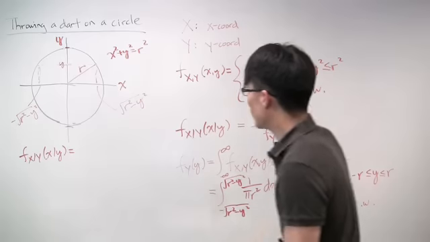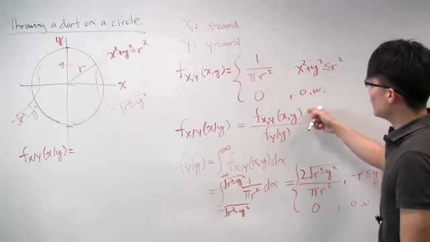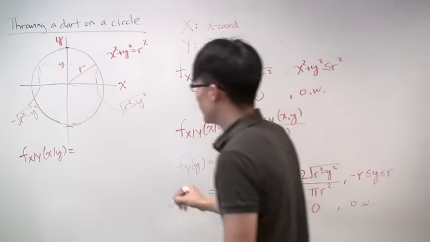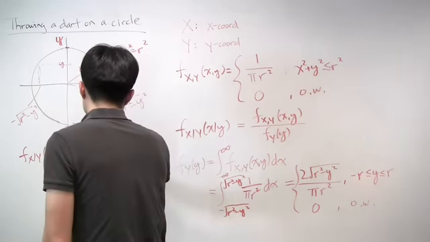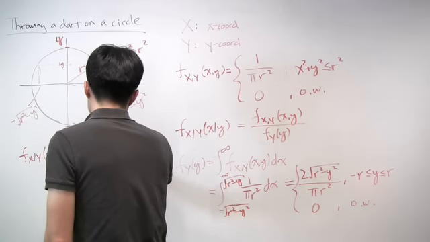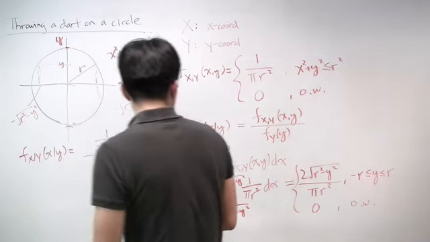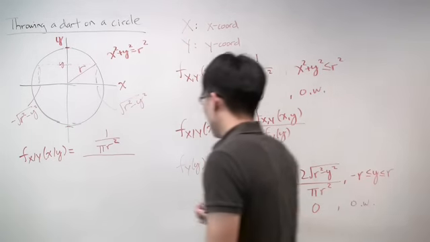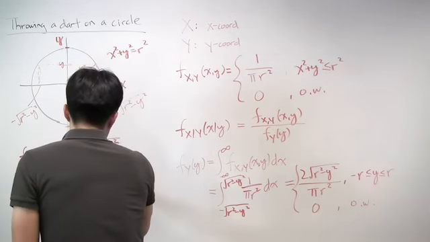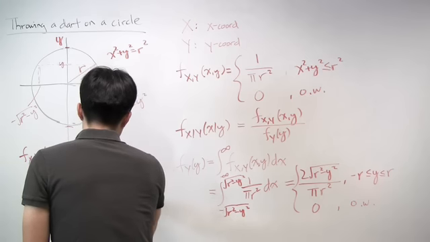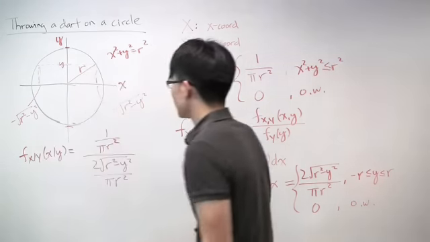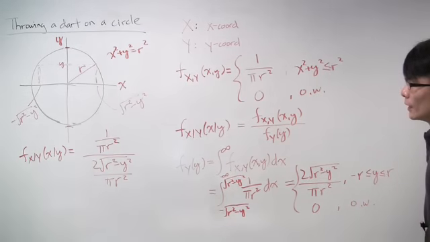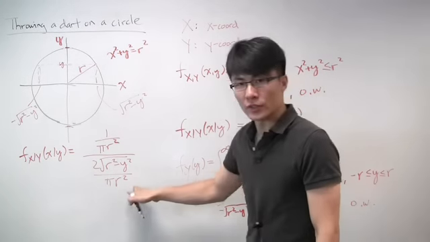The numerator is just 1 over the area. And the denominator is this: 2 times the square root of r squared minus y squared, over pi r squared. And of course, we can do some cancellations and simplifications.